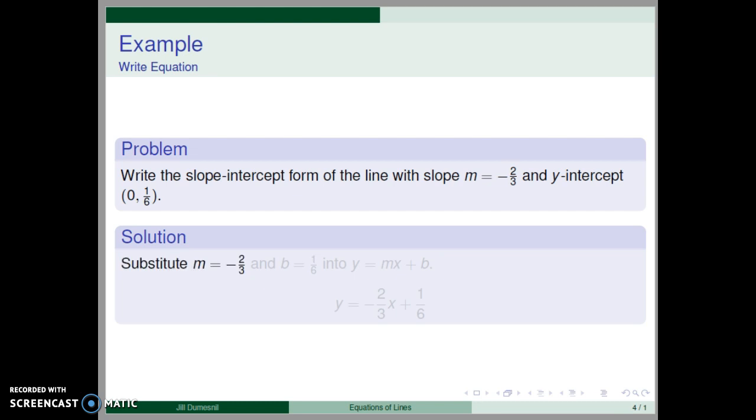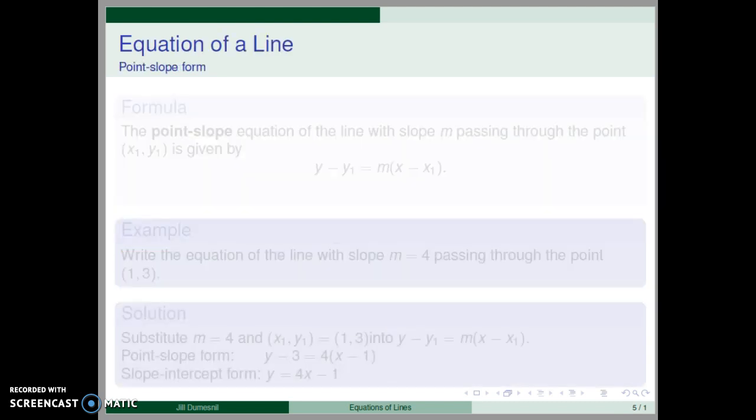We will substitute m equals negative 2/3 and b equals 1/6 into the equation y equals mx plus b. This produces the equation y equals negative 2/3 x plus 1/6.